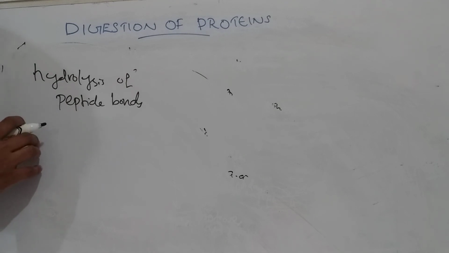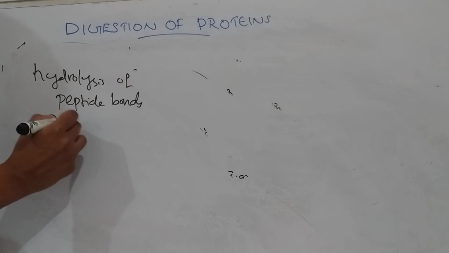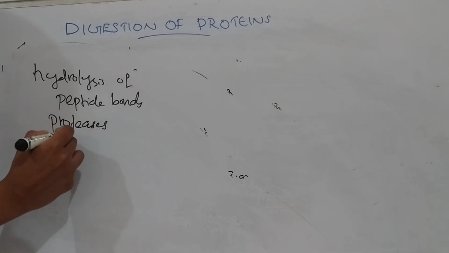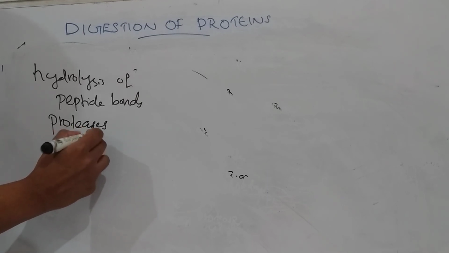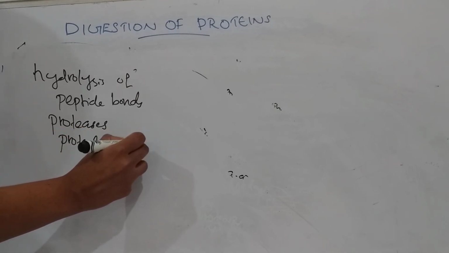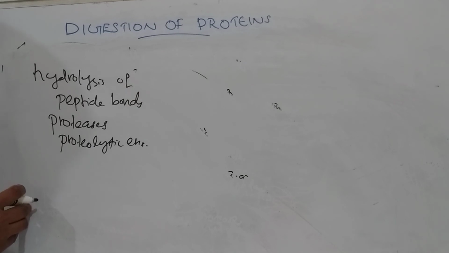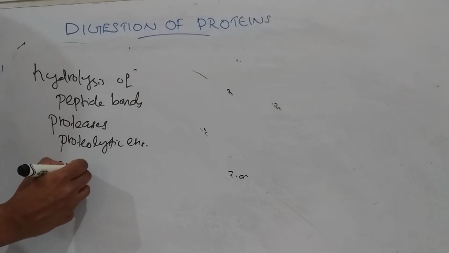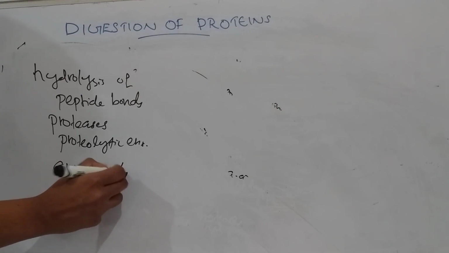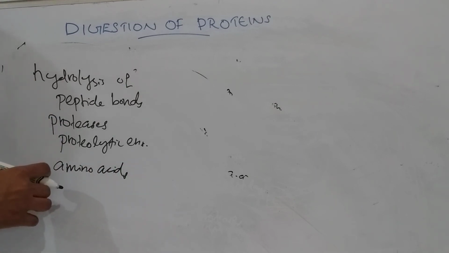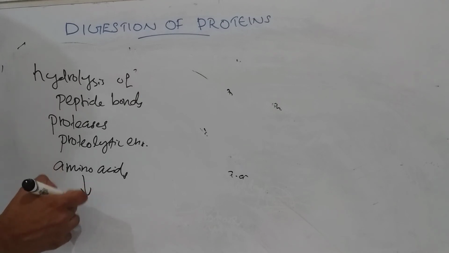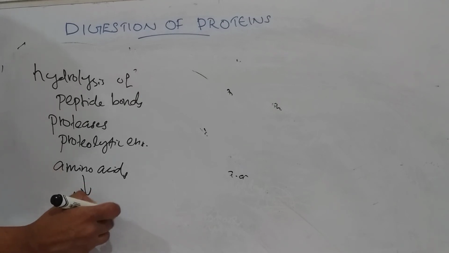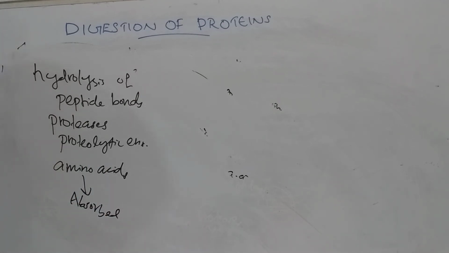These reactions are catalyzed by enzymes known as proteases or proteolytic enzymes. So the dietary proteins are hydrolyzed to individual amino acids by these proteolytic enzymes, which can be easily absorbed into the bloodstream. So this is about digestion of proteins. This is today's topic. Thank you for watching.